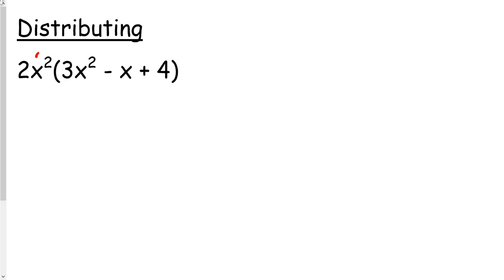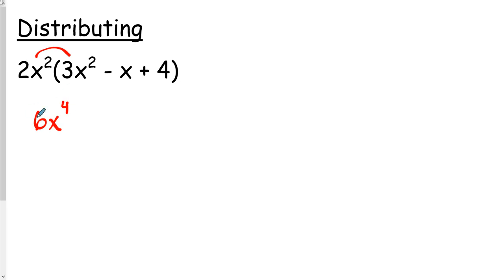All right, so let's take a look at what that distribution is going to look like. So first, if I have 2x squared times 3x squared, remembering what I should about multiplying monomials together, I'm going to multiply their coefficients together, and then when I multiply these variables with exponents, I just add the exponents. So 2 times 3 is 6, and x squared times x squared is x to the 4th.